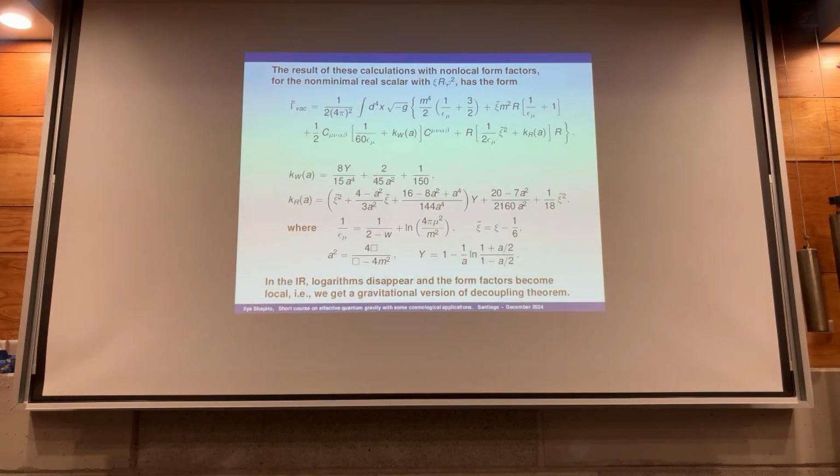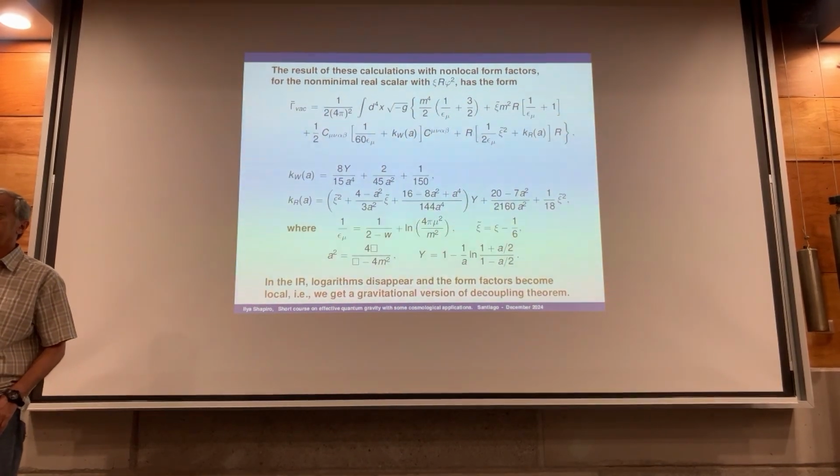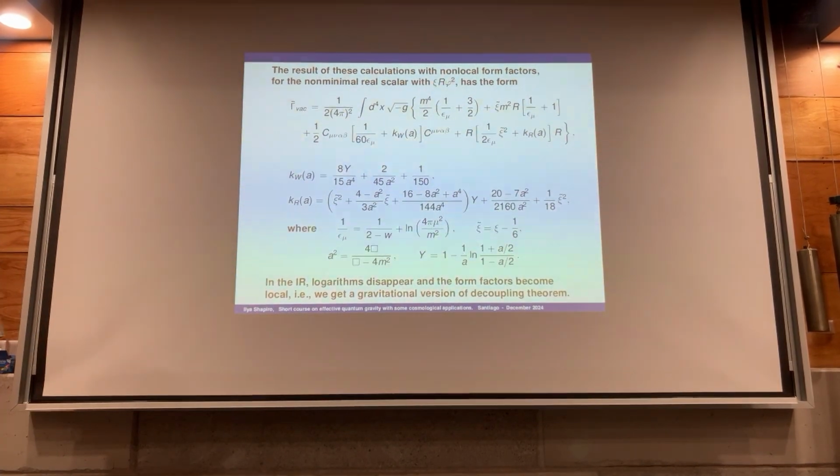It's a completely non-trivial point that the first two terms don't have form factors. Why is it like that? Because these form factors, y and so on, depend on the box. What will happen if box acts on lambda? Lambda is a constant. You get 0. So we cannot expect here a non-trivial form factor in the cosmological constant.